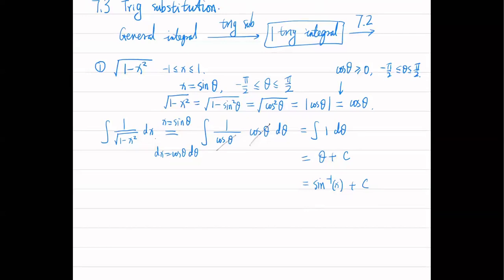Okay, let's recall in chapter 3, we learned what the derivative of this is. Recall we learned before, isn't it 1 over the square root of 1 minus x squared? Now let's try to refresh our memory.